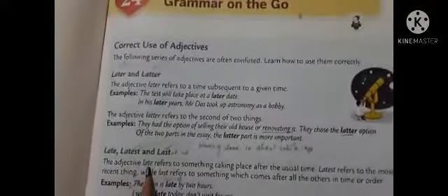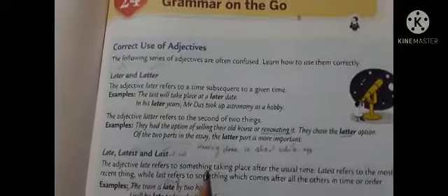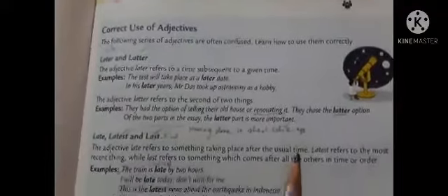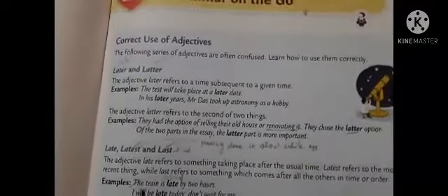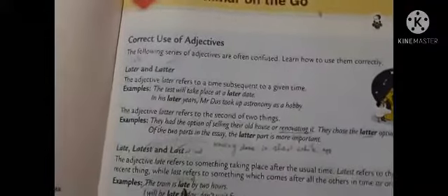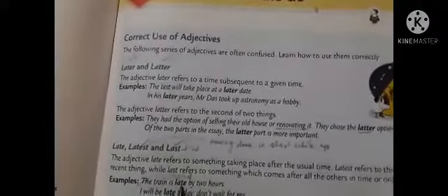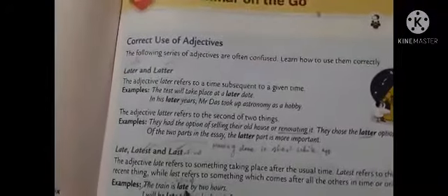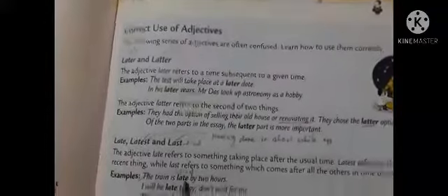The adjective late refers to something taking place after the usual time. For example, the train is late by 2 hours. So here the adjective late refers to something which is taking place after the usual time.